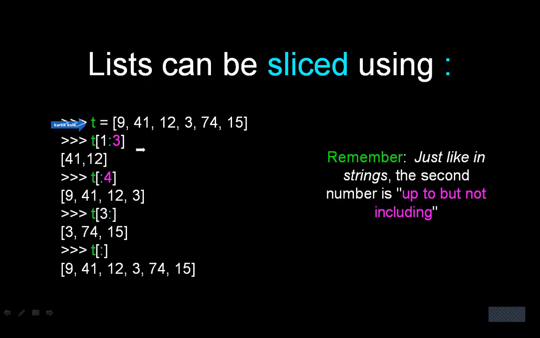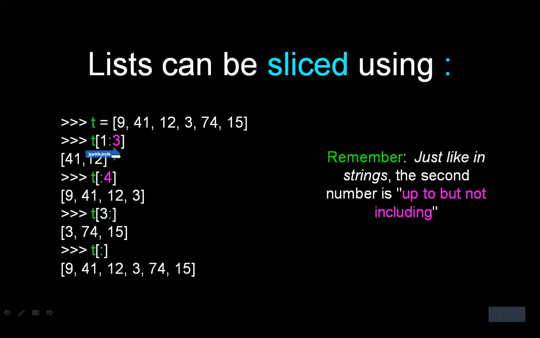So you need to understand that slicing in a list can be done using the colon. What is the syntax? The list name, and then in the square brackets we specify the starting index number, colon, and then the end index number. But the end index number will not be included.